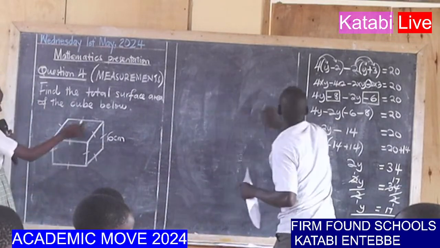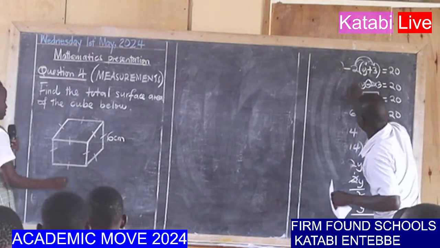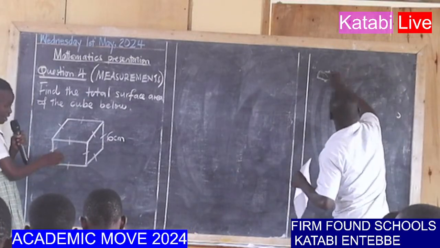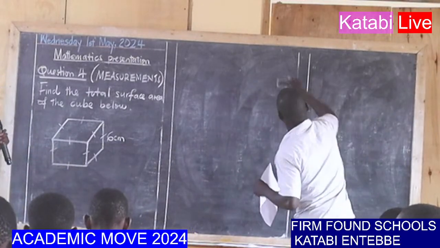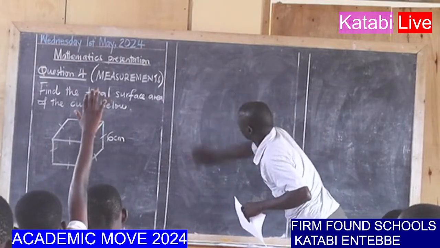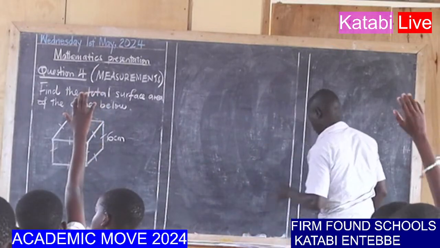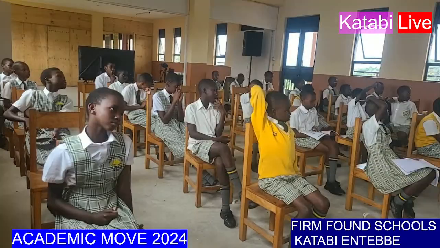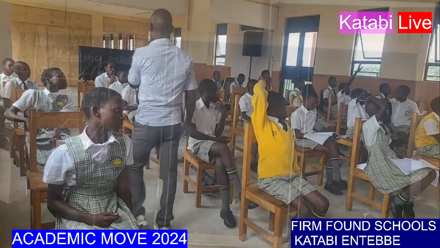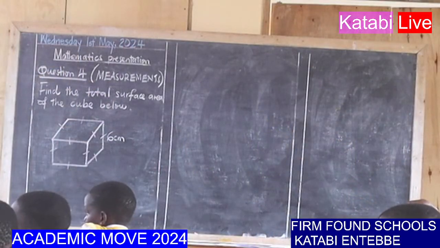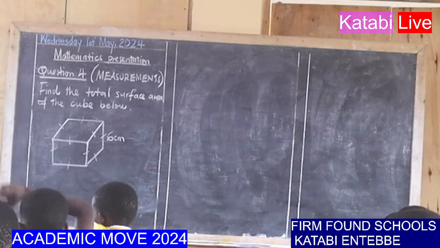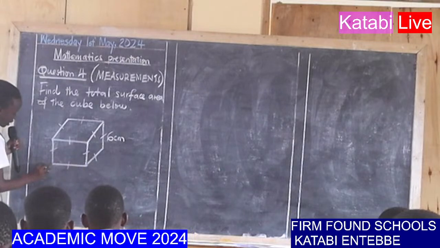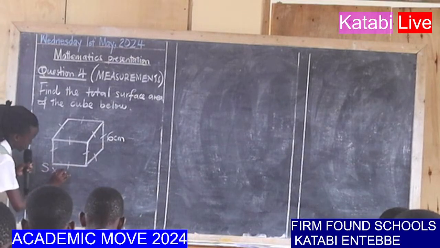So now you can all see that this is a cube, right? On this cube, here it is a square, right? Who can tell me how we find the area of a square? Joel? By multiplying all sides. Thank you. We multiply the sides. So the area of just a square is side times side.